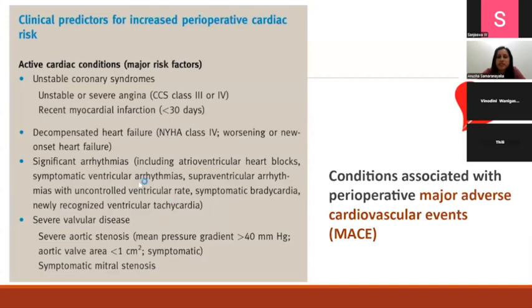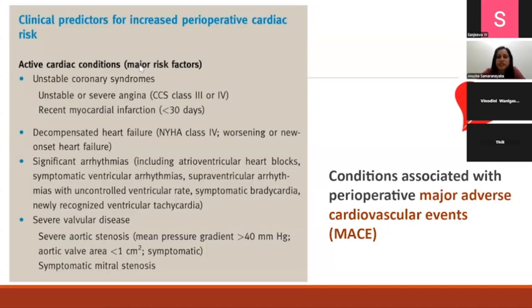Valvular disease, especially symptomatic valvular disease like symptomatic mitral stenosis or symptomatic valve regurgitation, has an increased risk of MACE. Those are the four main conditions in the medical history, so we can say these patients are at a higher risk of developing MACE.